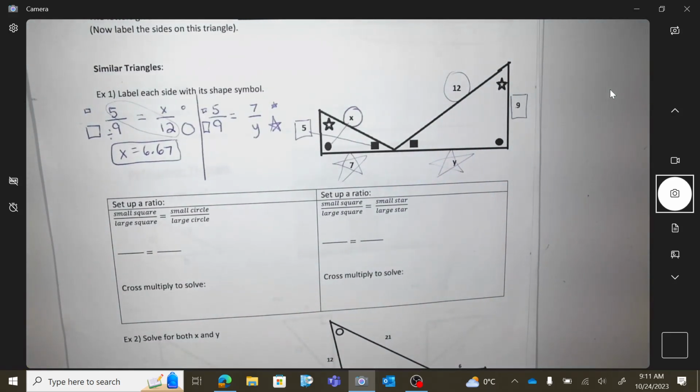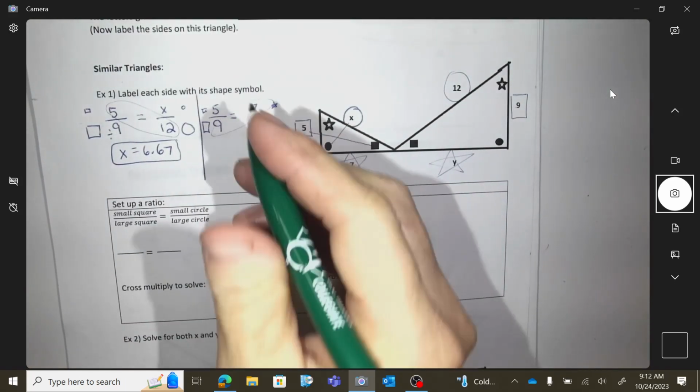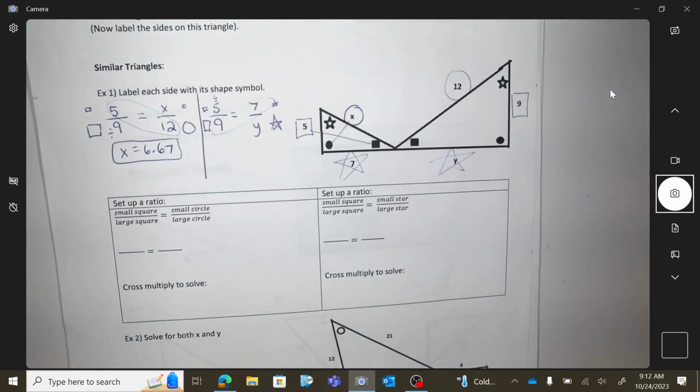You notice how I'm always lining them up little to big, little to big? Then I'm going to use the same strategy, cross multiplication. So what two items should I multiply? 9 and 7, which means the divider would be the 5. So 9 times 7 divided by 5.